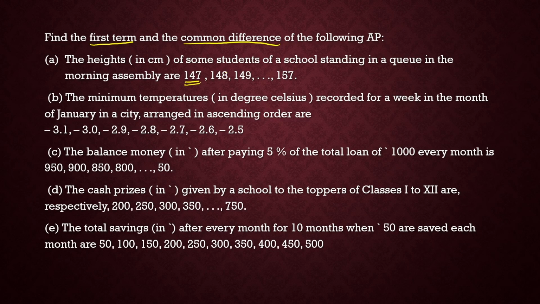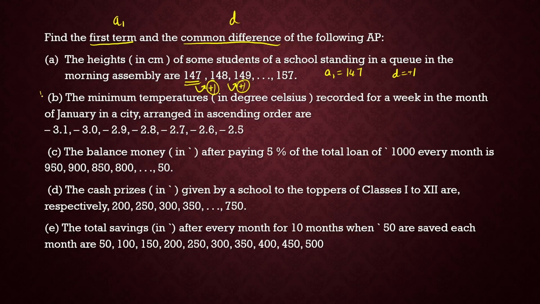Here I'll be representing the first term with A1 and the common difference with D. So here A1 is equal to 147. Now what is the common value that I'm adding here? I'm just adding 1. Second case, again I'm adding 1. So what is the fixed number you're adding? The fixed number is your common difference. So here the common difference is 1. So D is equal to 1 or plus 1. Okay, you can not specify it, you can also use the plus symbol.